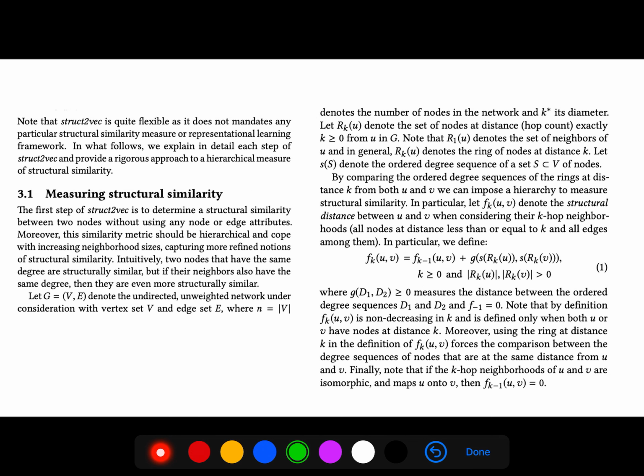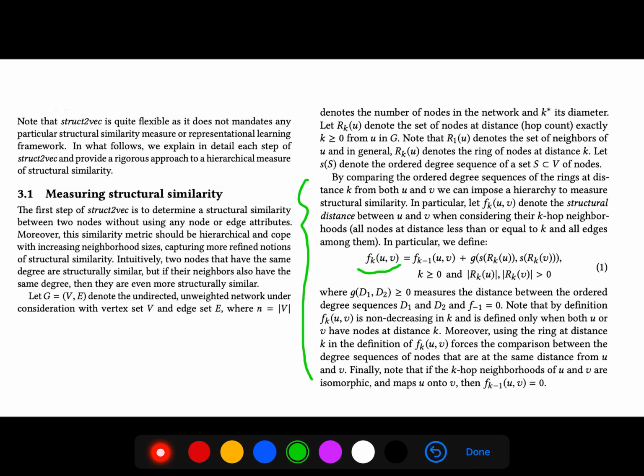So the most important part of this paper is here, this very interesting recursion. So this f sub k of uv, this is the structural distance between node u and v when we have k-hop neighborhoods.